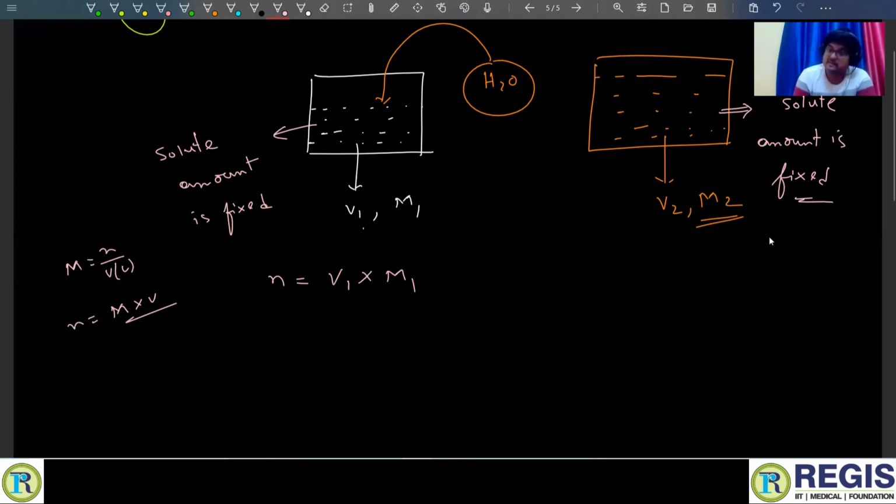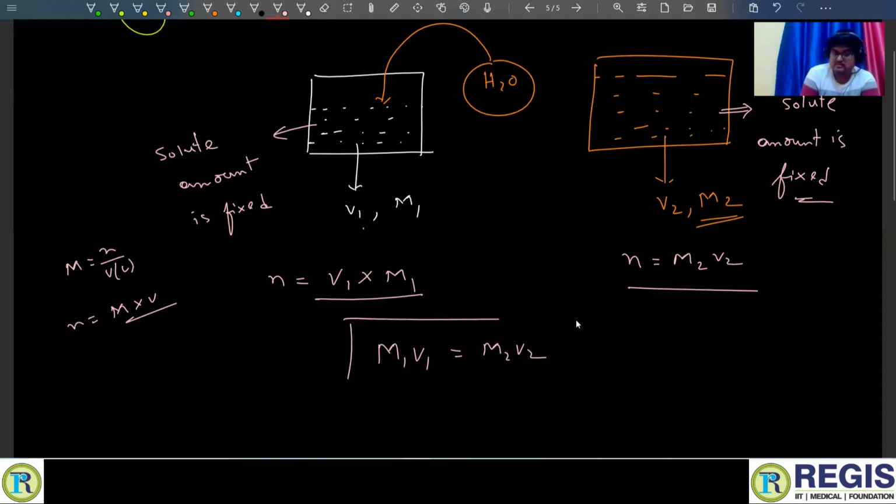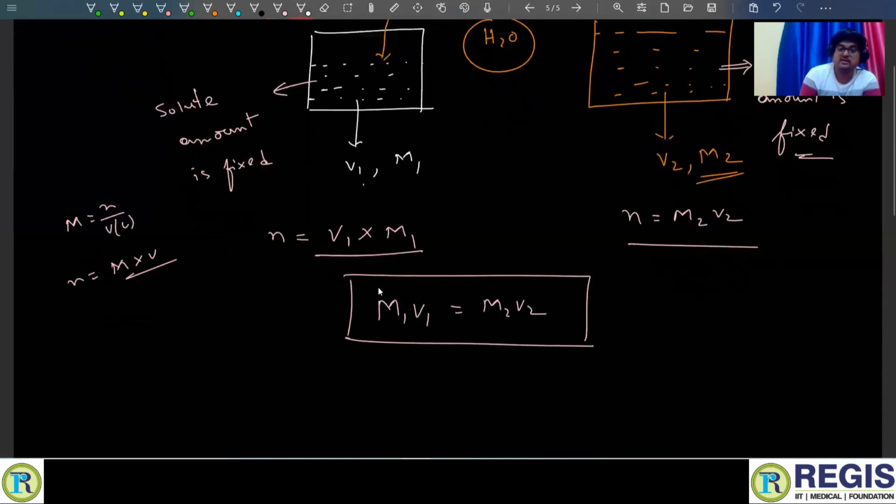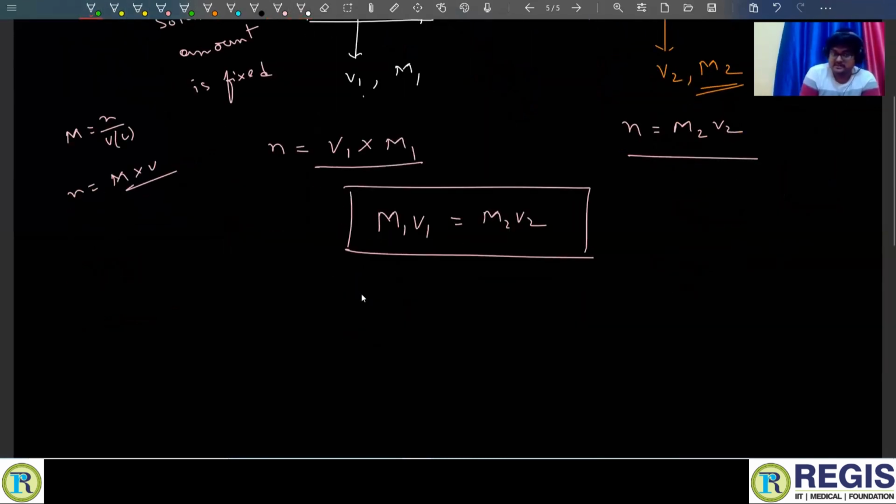If the solute amount is fixed, number of moles is fixed. So N equals, we can write, M2 V2. Now if you compare these, the formula becomes M1 V1 = M2 V2. Okay. Always remember, after dilution, volume increases.